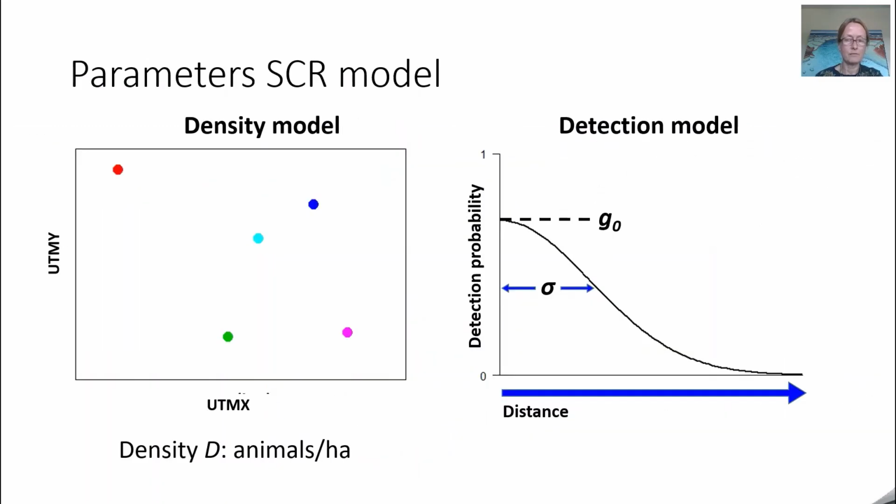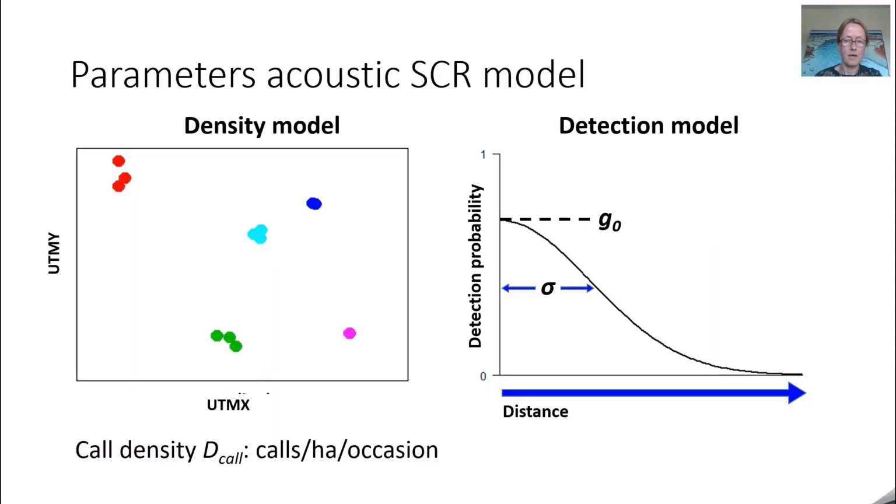As before, we have 2 models for SCR. One, we have the density model, but now we don't estimate animal density here, but call density. So instead of number of animals per unit area, this is usually expressed as the number of calls per unit area per unit time.